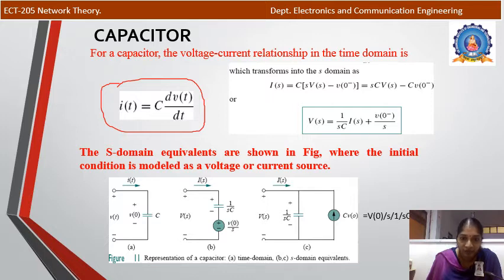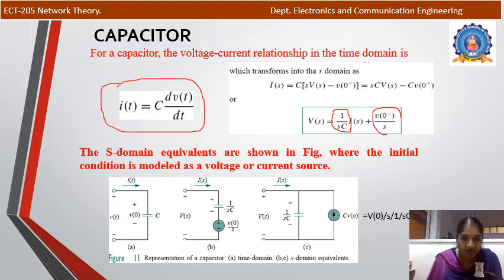When we draw the equivalent circuit of this equation, 1 by sC will be the impedance offered by the capacitance, and V of 0 minus by s will be the voltage source value, right? So total voltage will be 1 by sC into I of s.